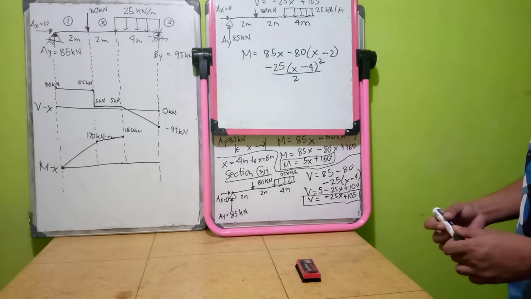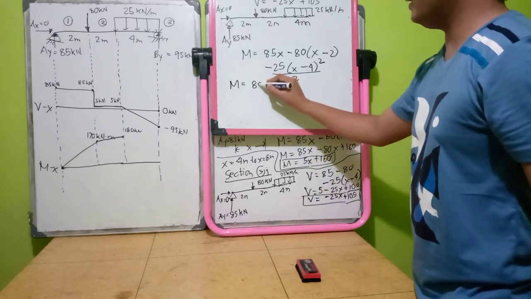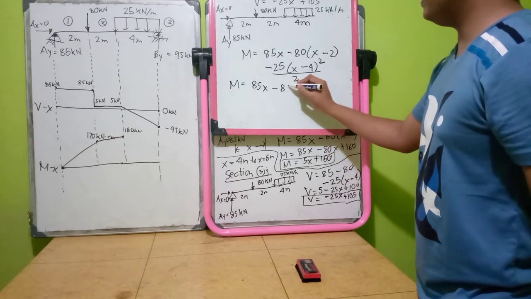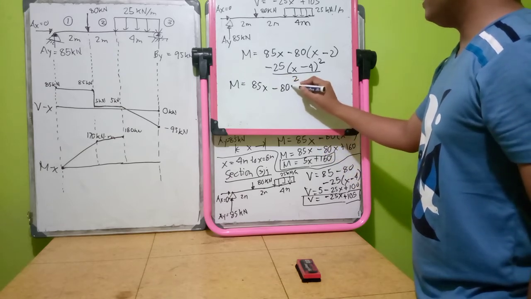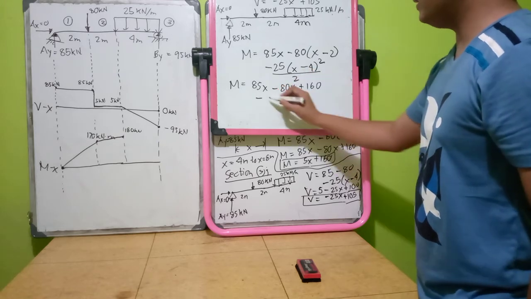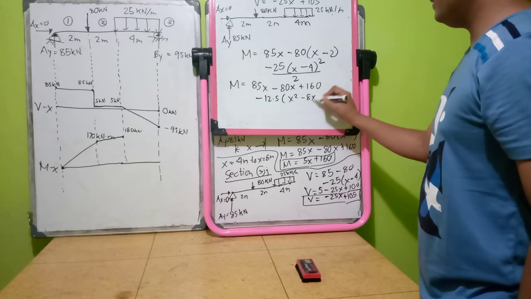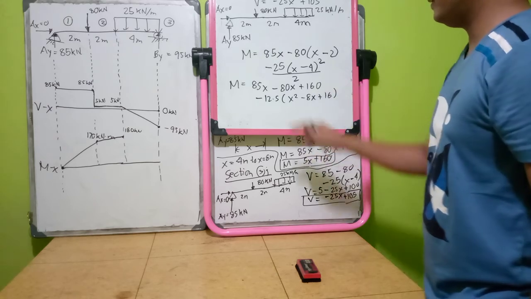We can simplify actually. 85x minus 80x plus 160 minus 12.5 times x squared minus 8x plus 16.